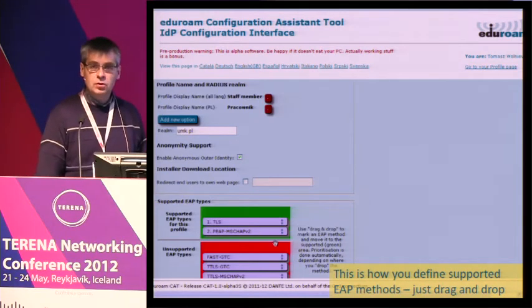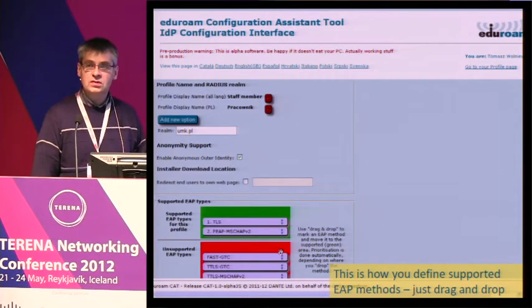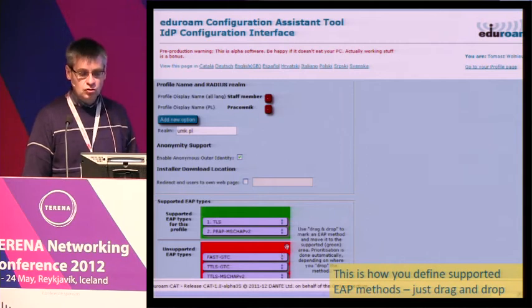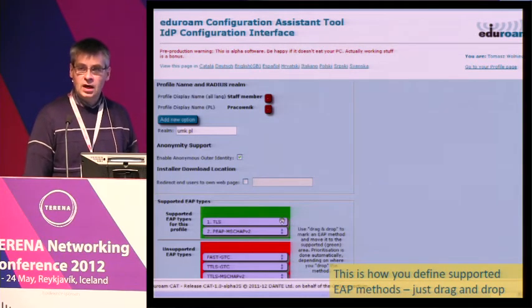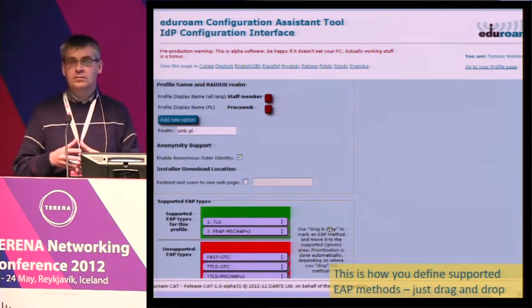The really important piece of the profile definition is the supported EAP type list. You do this by just pulling EAP types from the red box to the green box, and when you then save things, they will be there. They will be in the order of preference, as you can see. What's the point of having multiple ones?